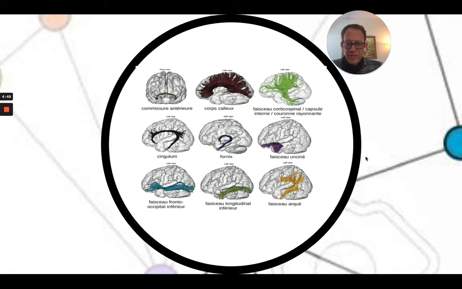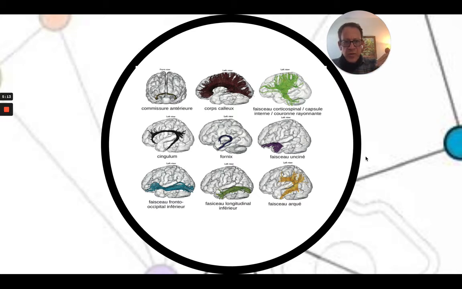In the lower left, we've got the inferior frontal occipital fasciculus, which connects the occipital, temporal, and frontal regions. Next is the inferior longitudinal fasciculus, which connects occipital to temporal sites on the lower end of the brain.